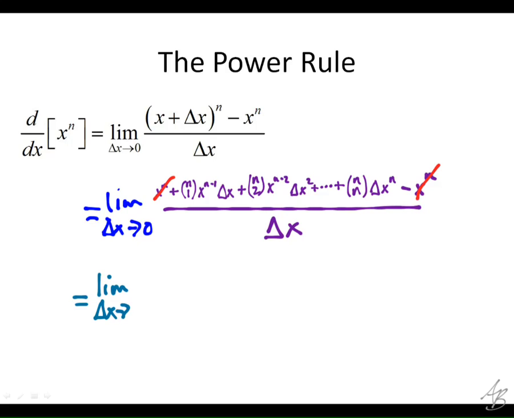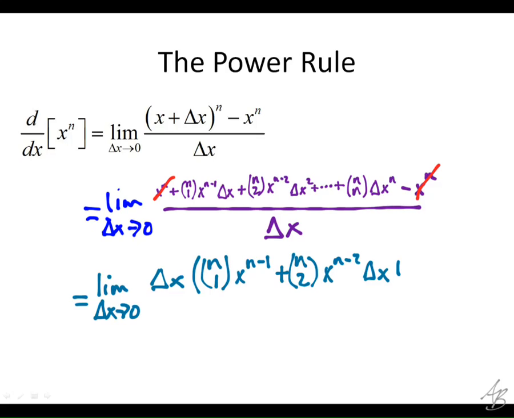The limit as delta x approaches 0 of delta x on top times the quantity, and then we're going to have n choose 1 times x to the n minus 1, and no delta x there in that one, plus n choose 2 times x to the n minus 2 times delta x, and so on and so forth, until we get to the last term, which is going to be n choose n times delta x to the n minus 1.